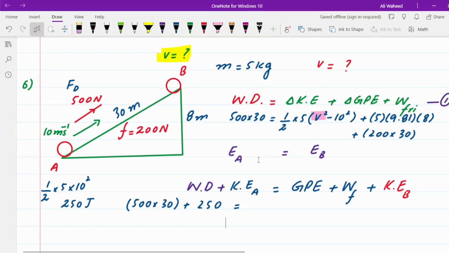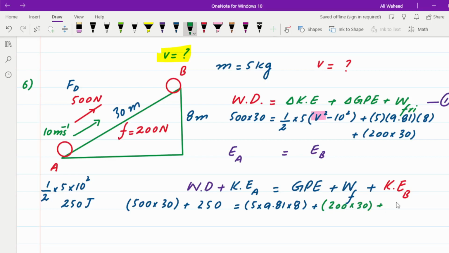Mass was 5, so 5 into 9.81, and h is 8, plus the work done against friction, which would be the frictional force, 200, times the distance in that direction, plus the kinetic energy at B, 1 over 2 m, but we don't know the speed at B, so we'll write v square.